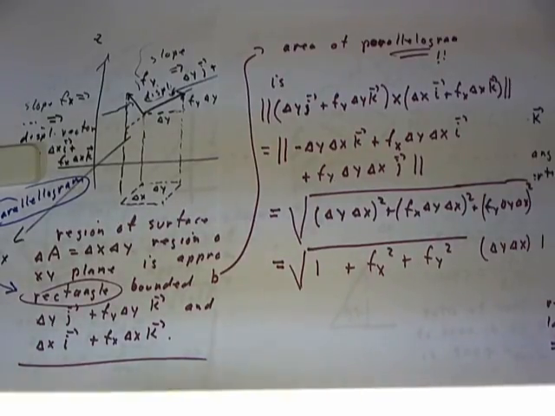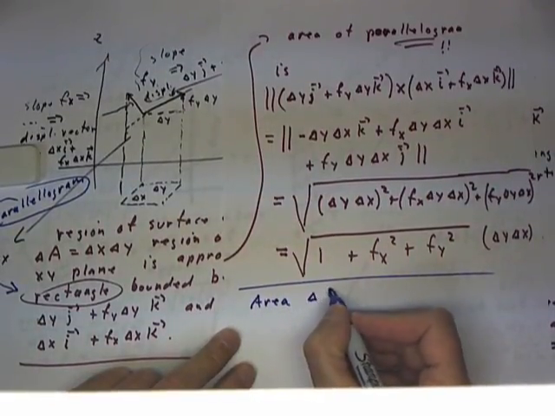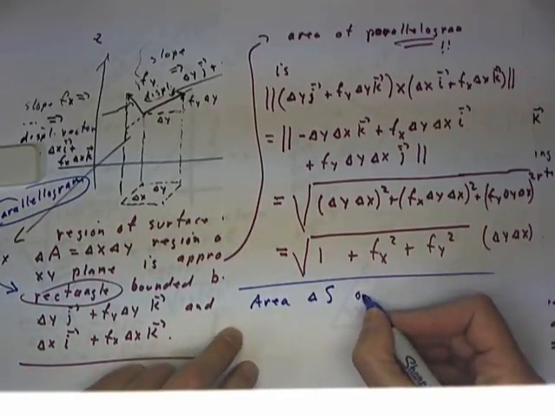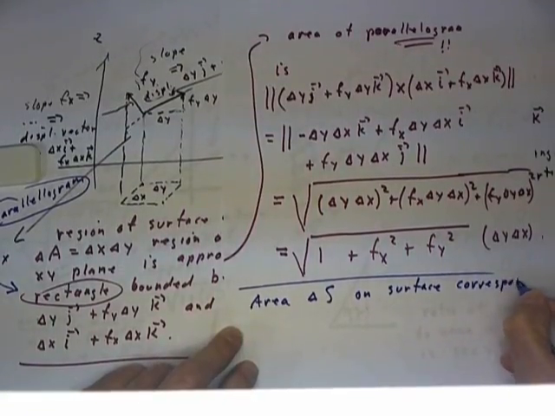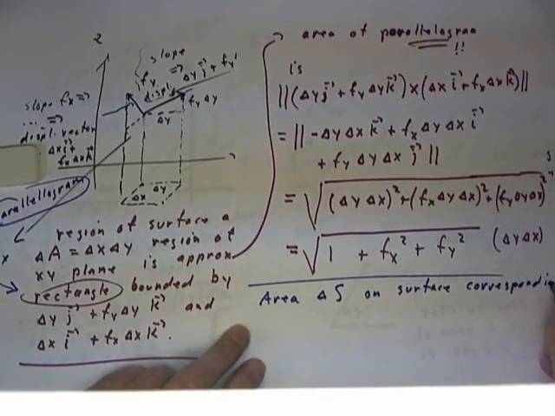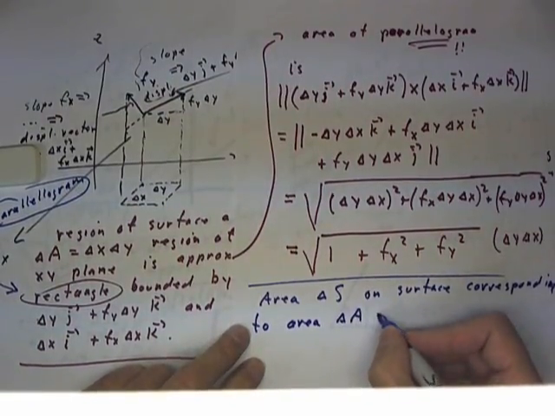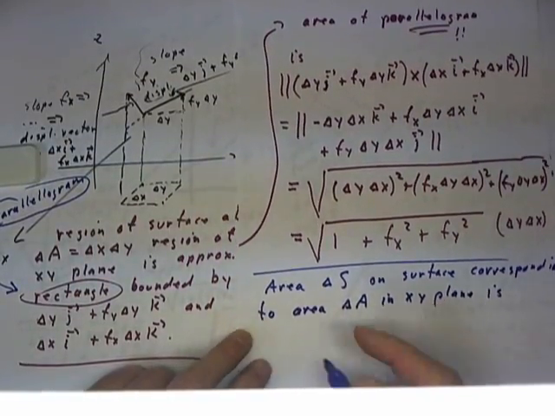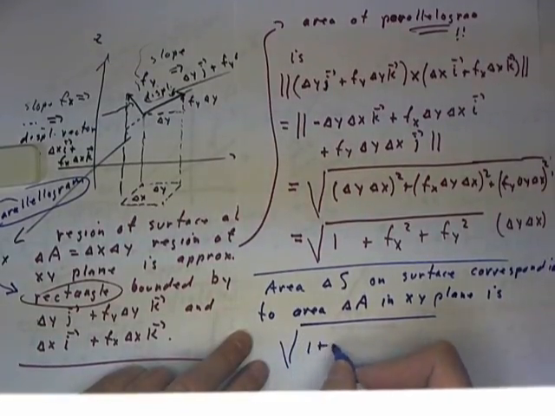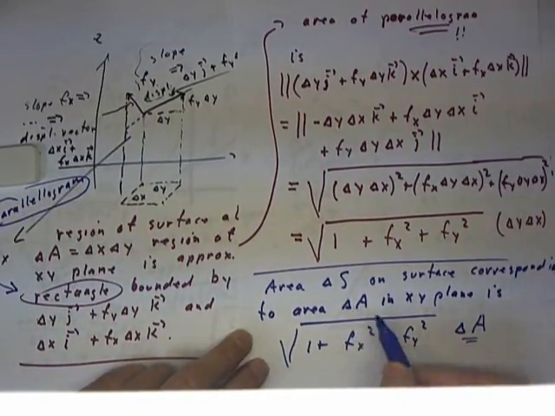We conclude with this statement then that the area, which we'll call delta S, on our surface corresponding to area delta A in the xy plane is the square root of 1 plus Fx squared plus Fy squared times delta A, delta y delta x being the area of this region in the plane.